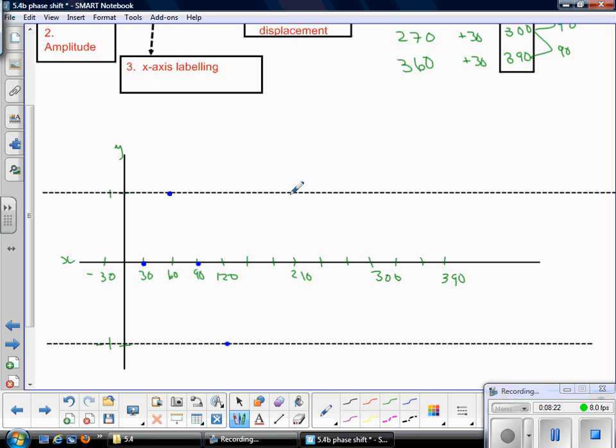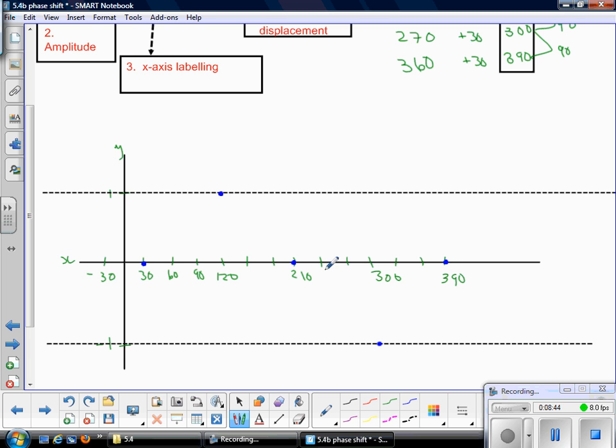So it's just at these locations that we have our points. Oops, this one here was wrong, and I did mine wrong, sorry. 30, 120, 210, 300, 390.